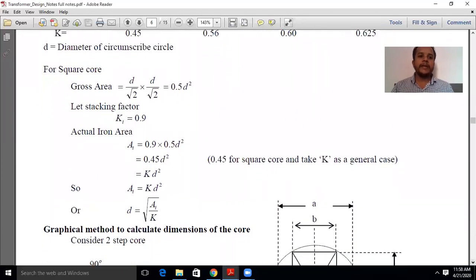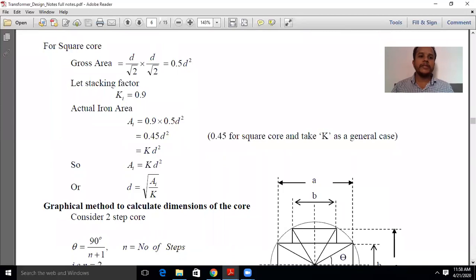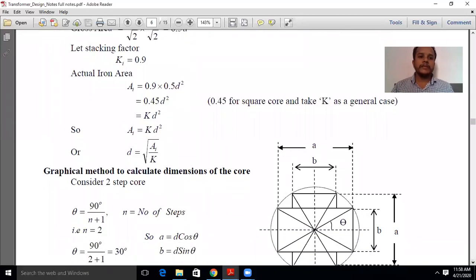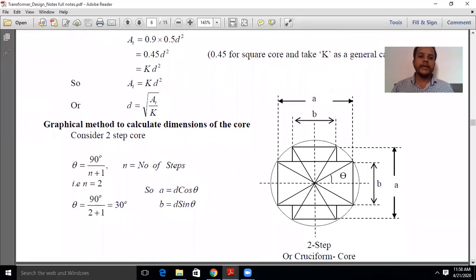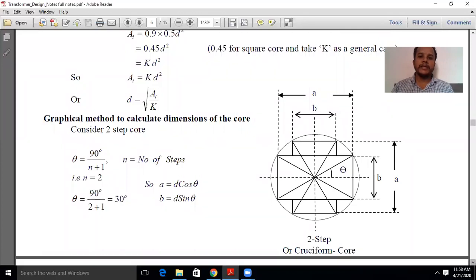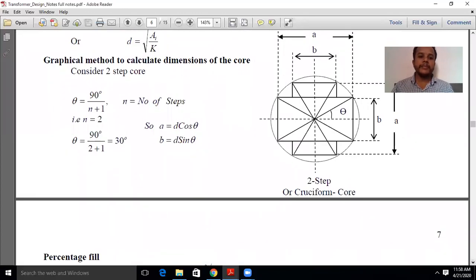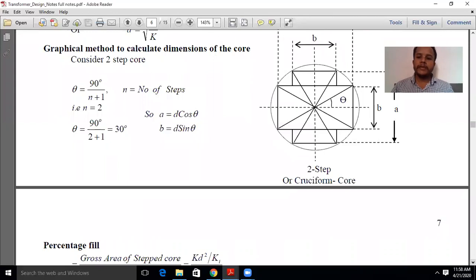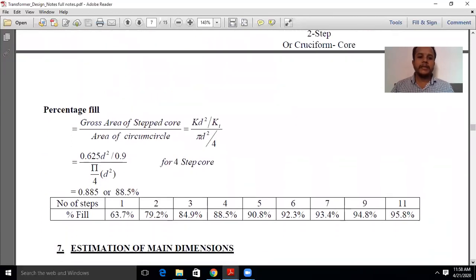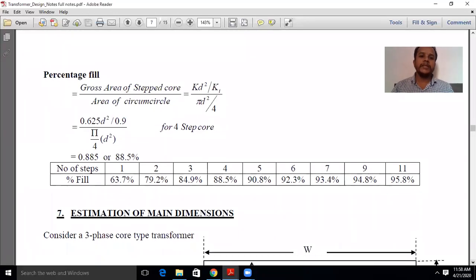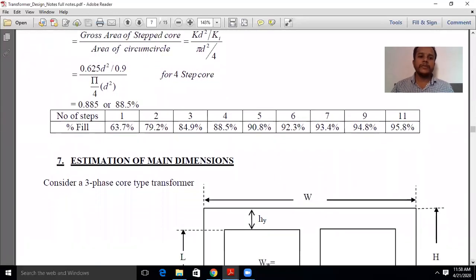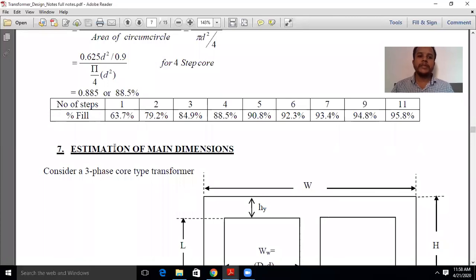Depending on the diameter of the circumscribing circle of the different sections, we got the actual iron area AI, and from that we can get the value of small d. Then we calculated the ratios of gross area of the stepped core to the area of the circumscribing circles for the number of steps.